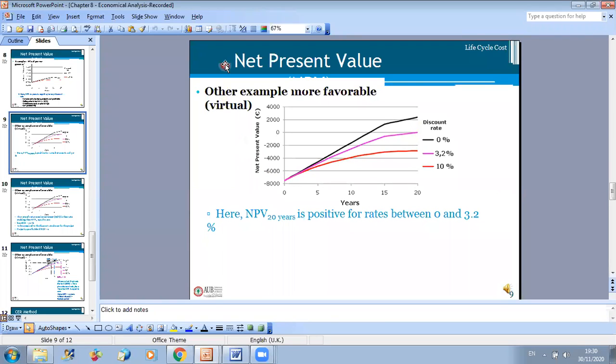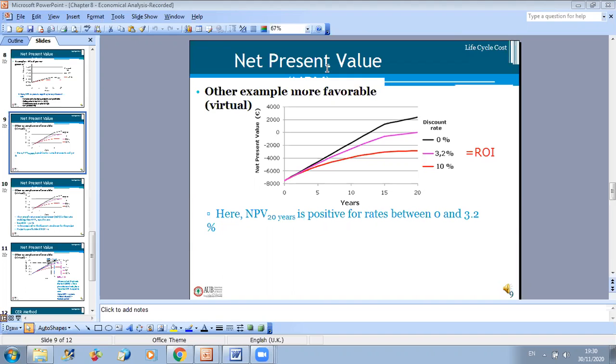This is why we define an important parameter called the return on investment, ROI. It means what? Here the ROI is equal to 3.2. What is the meaning of return on investment? It's the confidence rate that will give me a net present value of 0 at the end of lifetime.